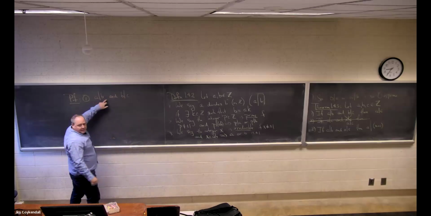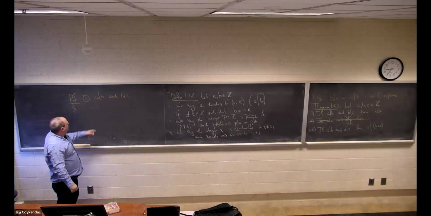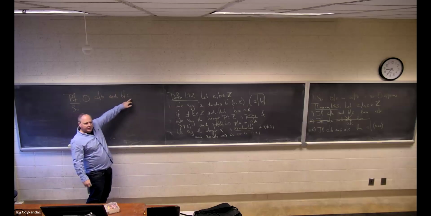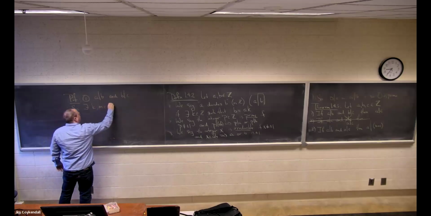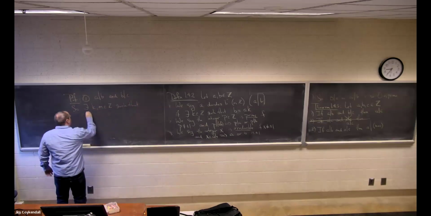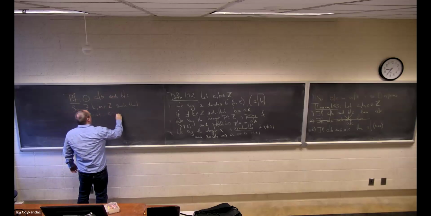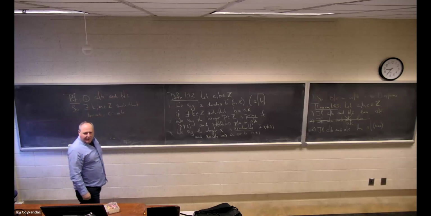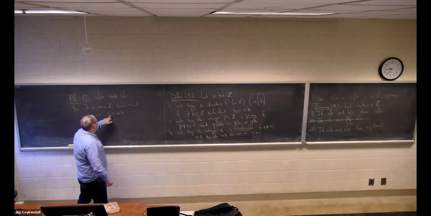What does it mean for A to divide B? There exist K, M integers such that B equals AK and C equals MB. Everybody agree with that? B is a multiple of A, that's A divides B, and C is a multiple of B.